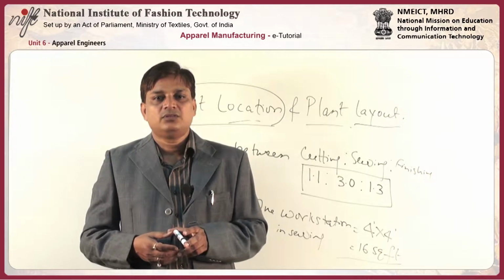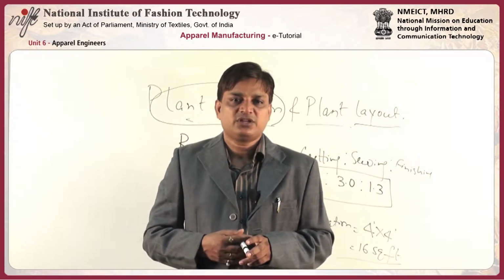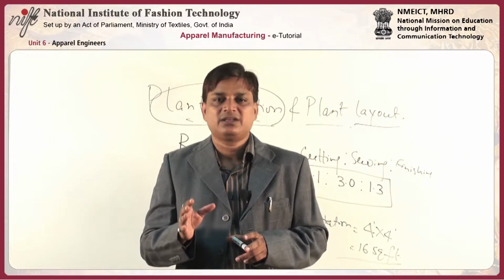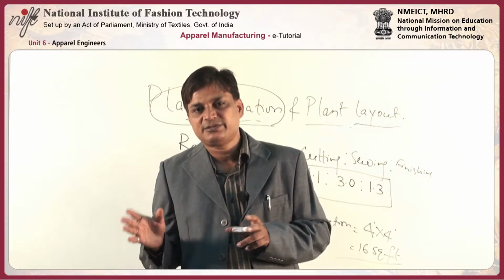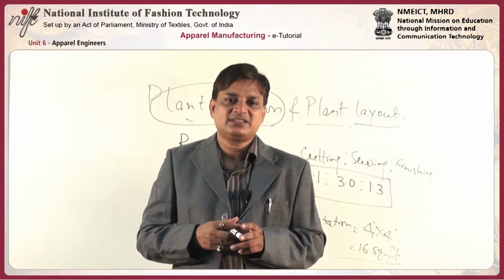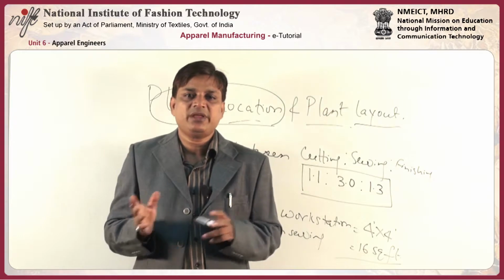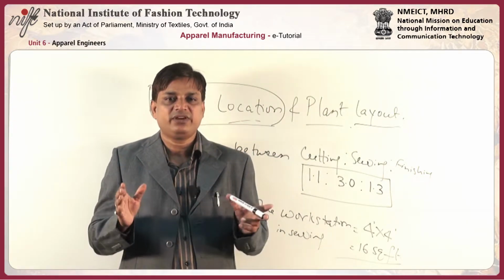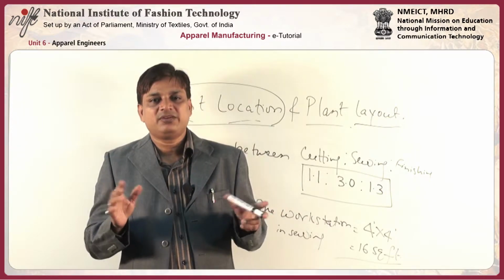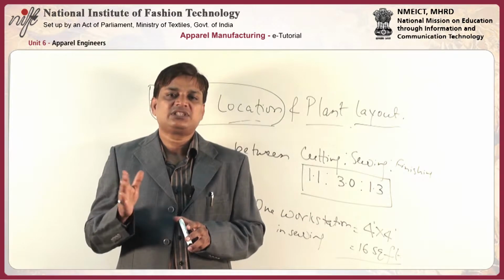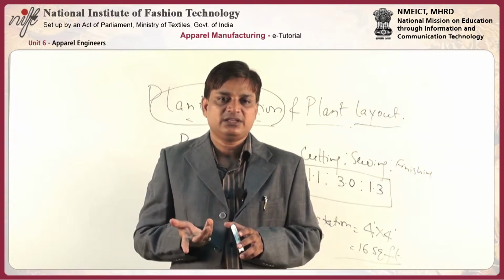Now the importance of the aisle is plant space economy. In a small building, a 20 feet wide building may have one aisle of 3 or 6 feet wide.